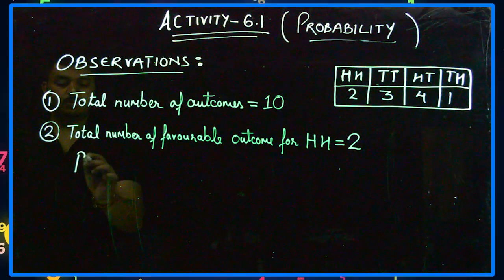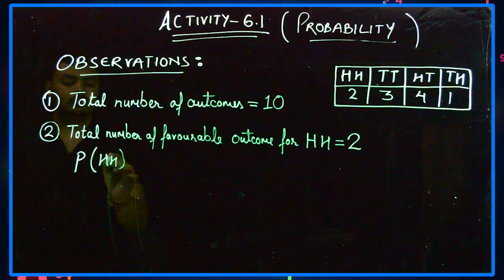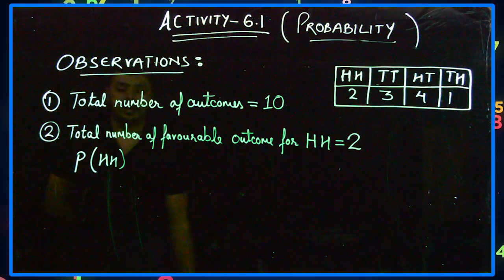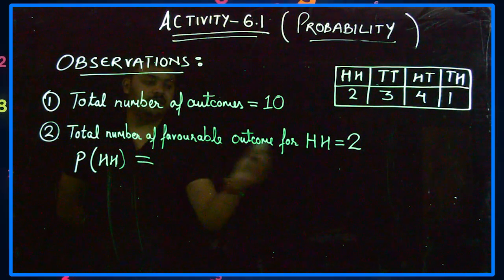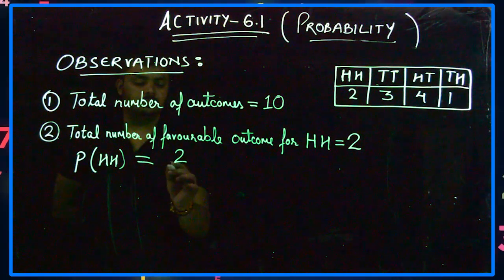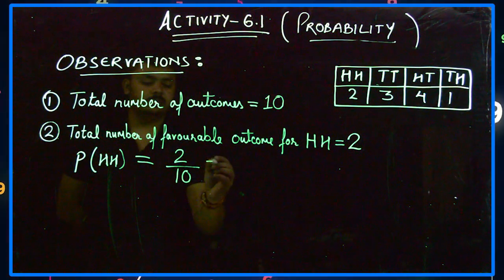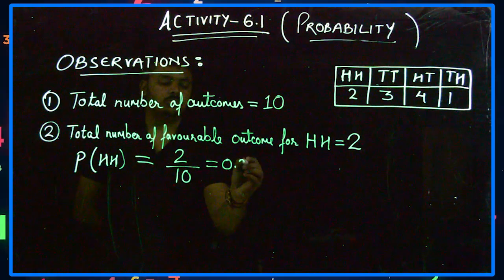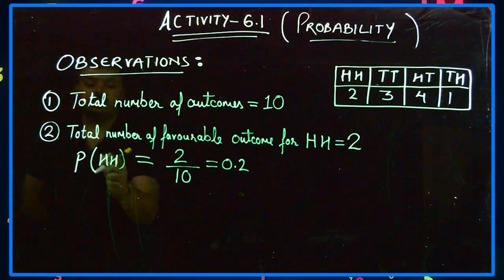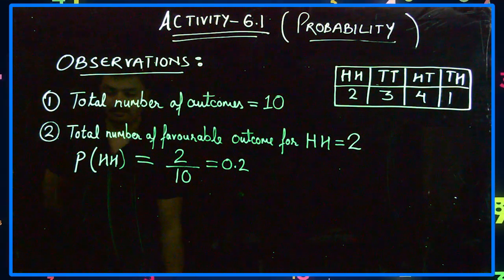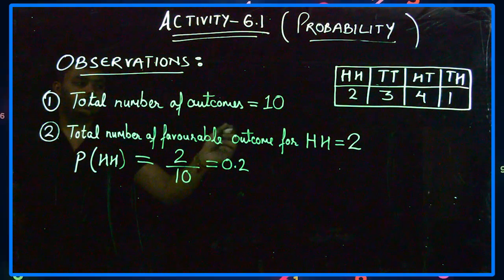The probability for head on both the coins becomes number of favorable outcomes, 2, upon total number of outcomes, 10, that is 0.2. Now P denotes the probability, and in the bracket we denote the event. Probability of heads in both the coins.